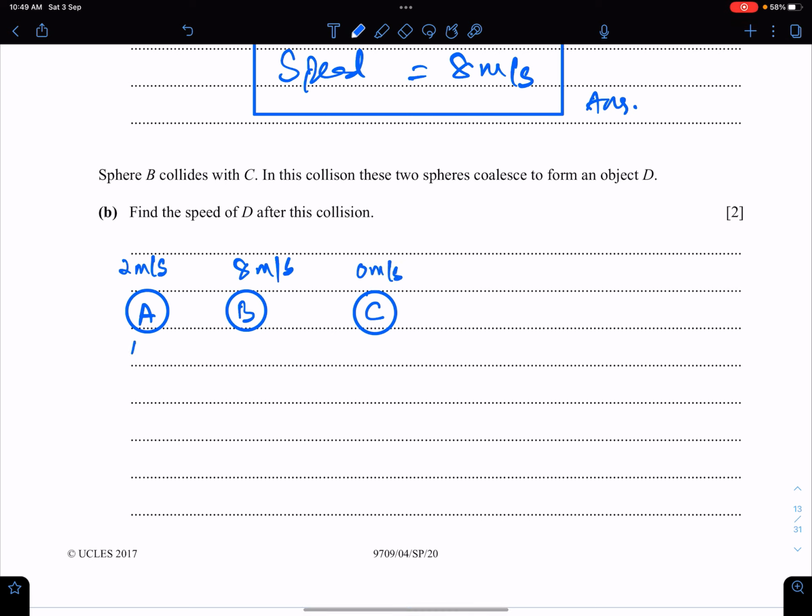And the mass of A is 4, mass of B is 2 and the mass of C is 3 kg. Sphere B collides with C.